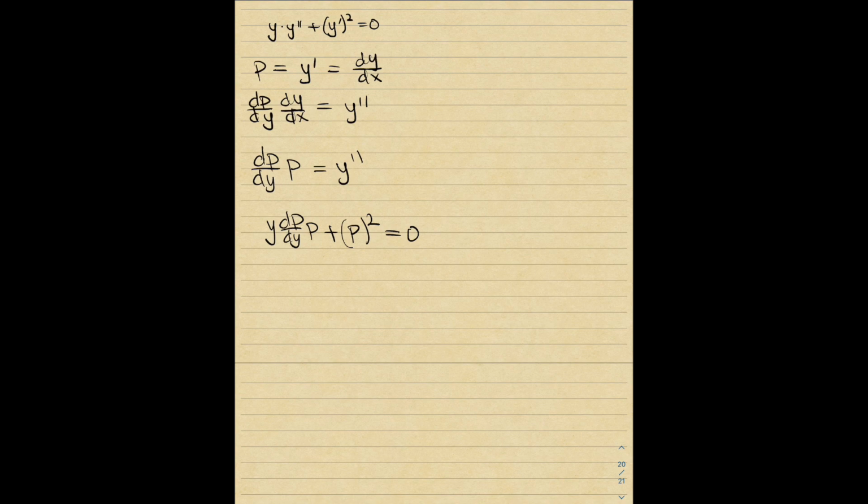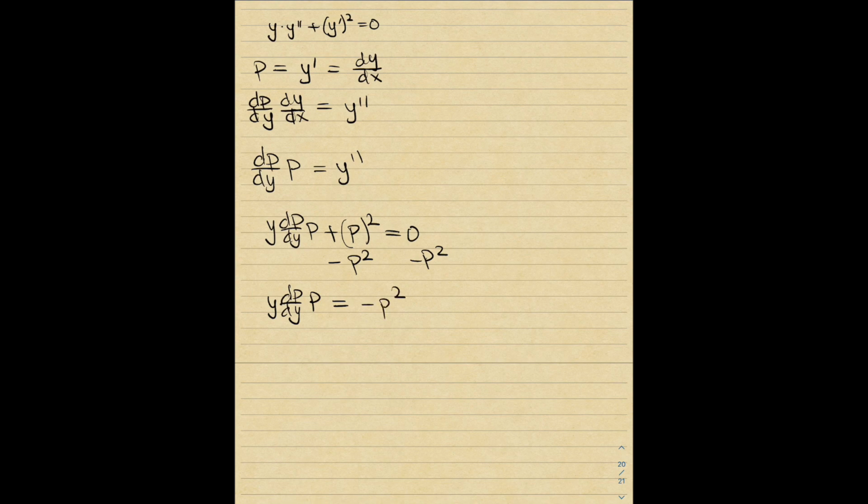Now we're going to try to put p on one side of the equation and y on the other side of the equation. So we're going to subtract p squared on both sides, and that will give us y times dp over dy p equal to negative p squared.